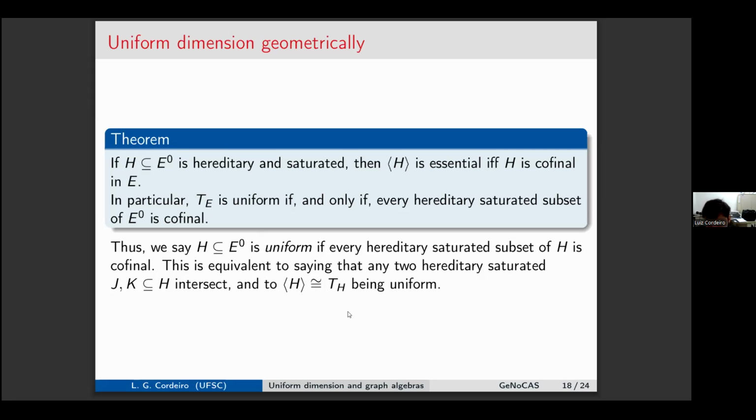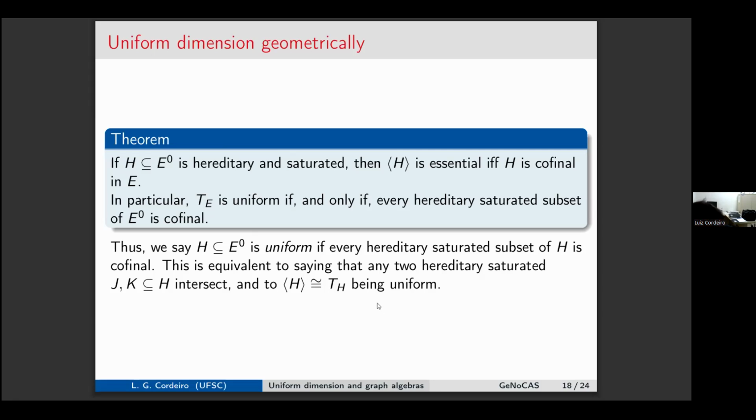But on the left-hand side, you have the ideal generated by H, inside of E0. Yes, H was in E0, it was not a graph. So maybe you mean a subgraph.